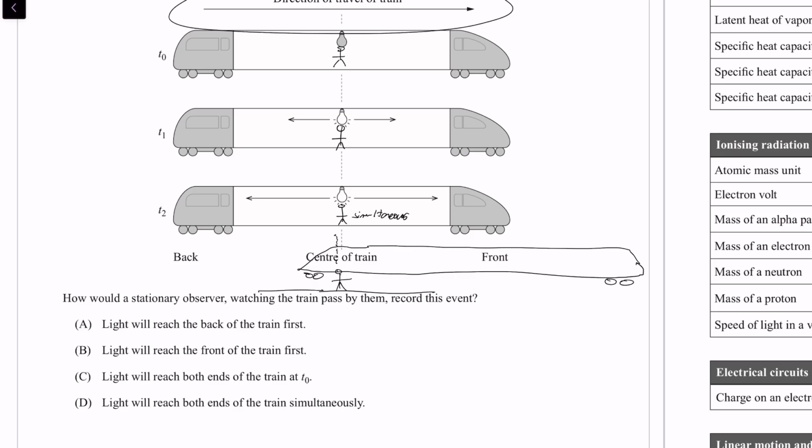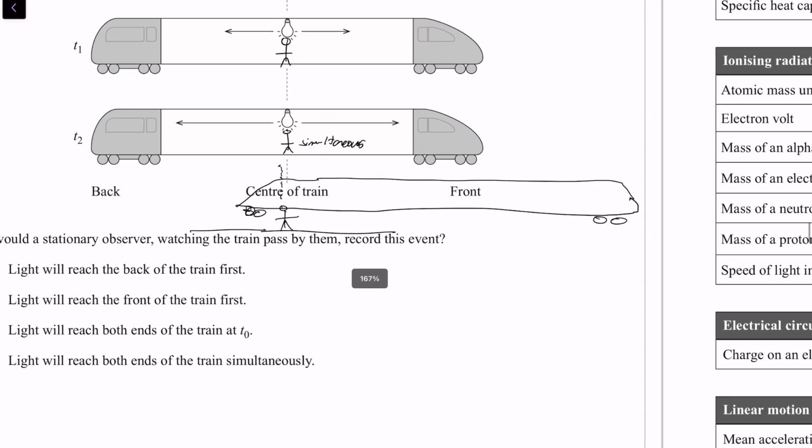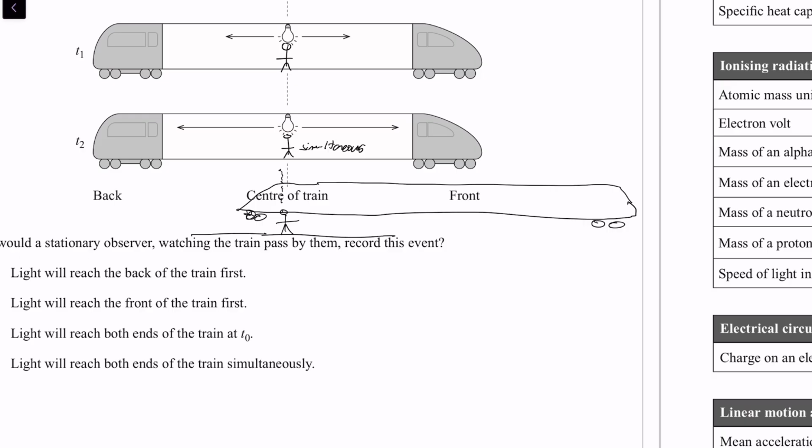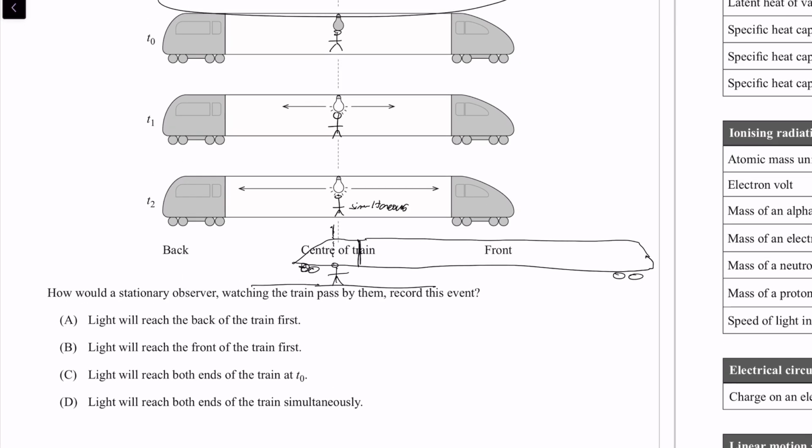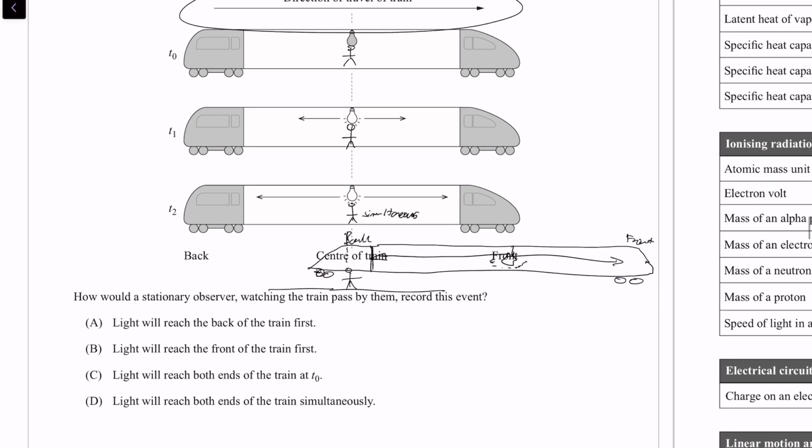If I'm stationary and I see that train pass, but light is at constant speed, one of our postulates of special relativity, if that light just goes at the same speed, then I know that this end of the train, the back of the train, is going to hit that light that was traveling first.